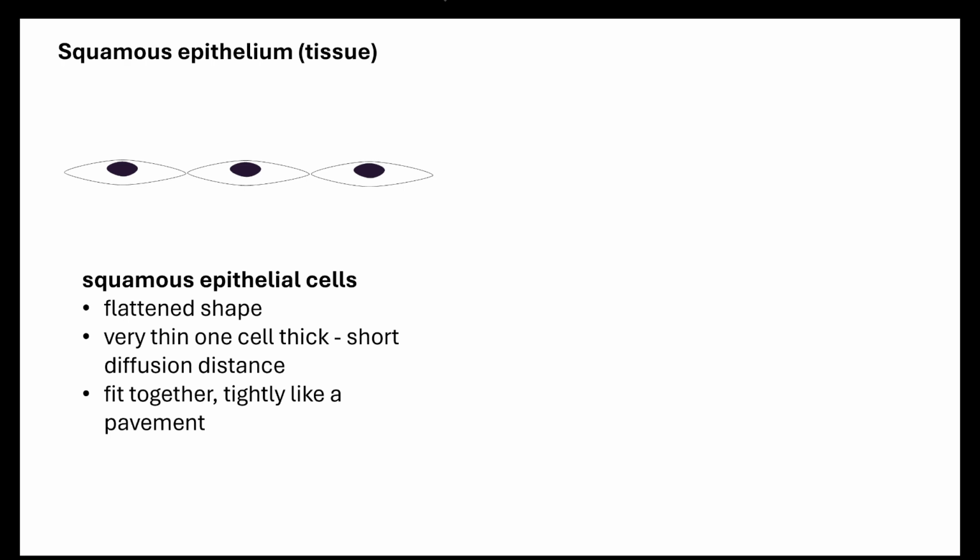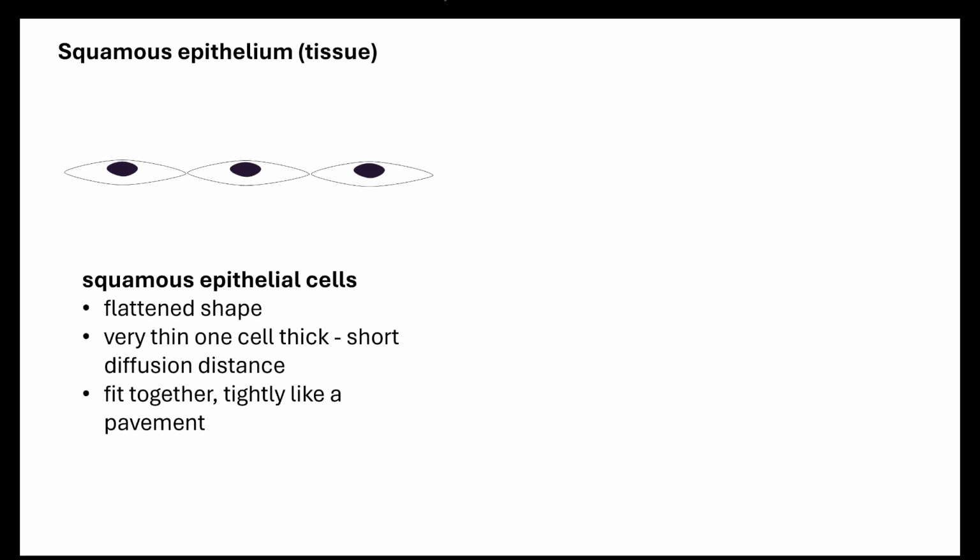Now, a few other examples you need to know are the squamous epithelial cells. So I did cover these before, but again, just to go back, this links to your exchange surfaces. Your squamous epithelial cells are flattened. They are squashed epithelial cells, and epithelial cells cover things. So your squashed epithelial cells are flat in shape. That makes them very thin, one cell thick, with a short diffusion distance. It means they can fit together.